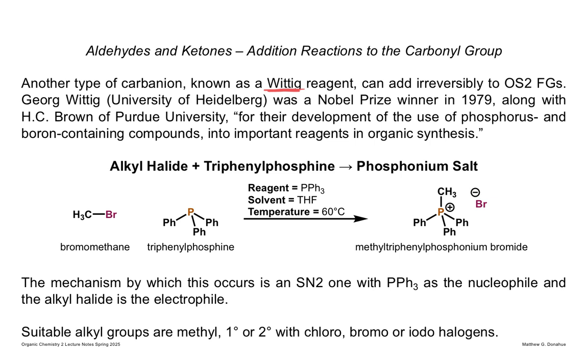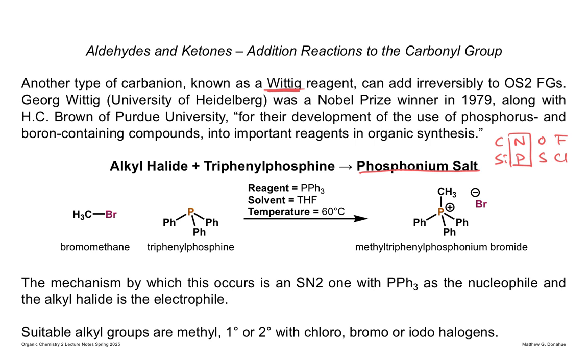The Wittig reagent is prepared in 2 steps. The first step generates something called a phosphonium salt. So in our periodic table, phosphorus is under nitrogen.